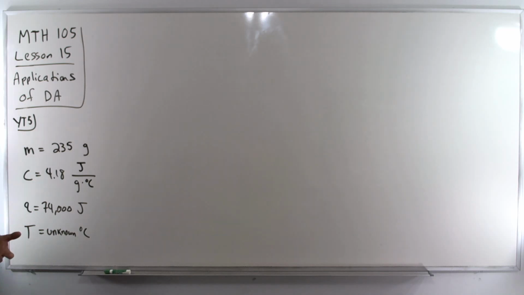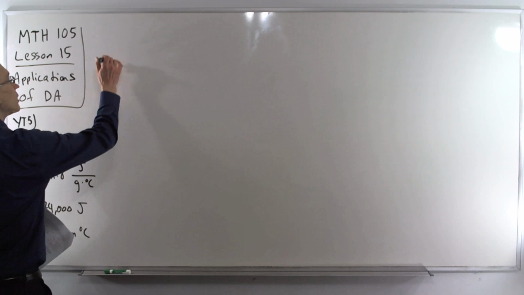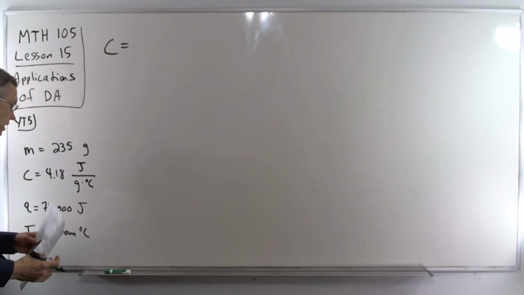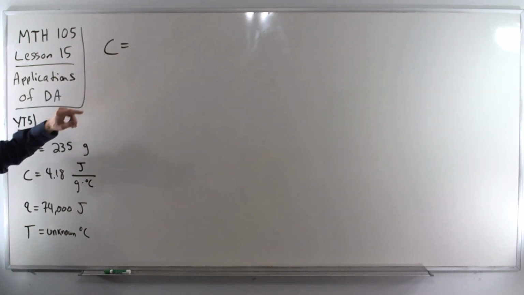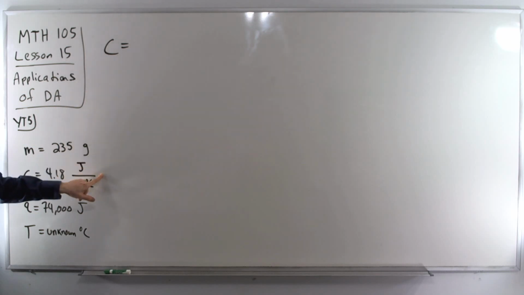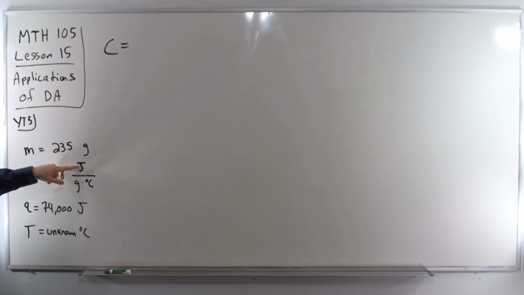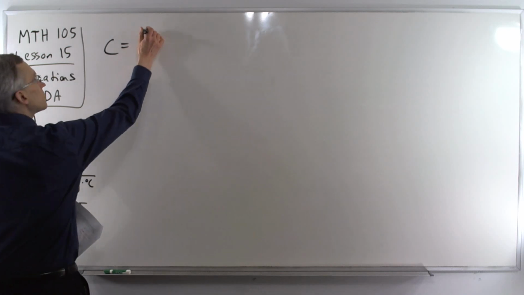All right, so when I'm going to set up an equation here, I'm going to use the same trick I used last time, which is I've got this unit here, which has a fraction, which has all the units in it. So I'm going to put that by itself on one side of the equation. Now, we just have to arrange the units on the other side so that they match this unit. Joules over grams times degrees Celsius. All right, well, joules is on top, and joules is Q. So that means Q has to go on top.